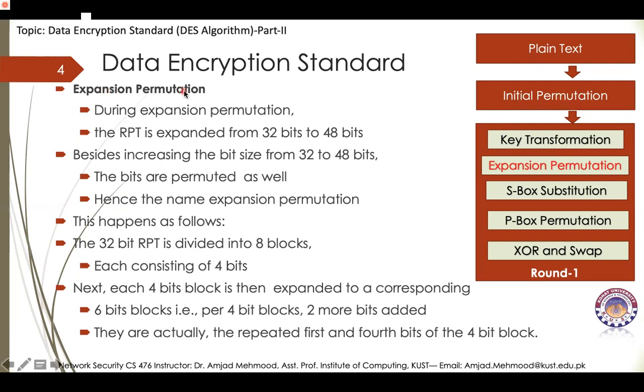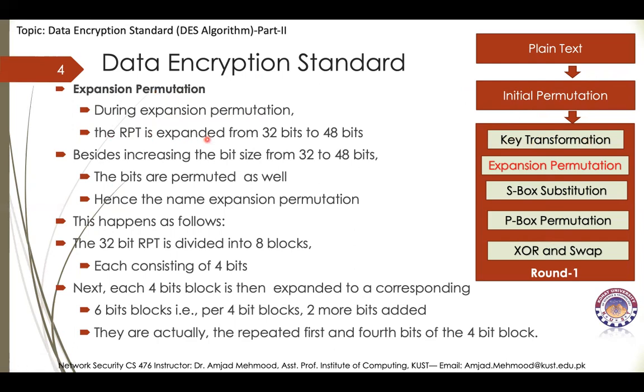So during the expansion permutation, the output of the initial permutation will be passed to round 1. And in the round 1 you have the first operation, that is called key transformation. So during expansion permutation, the right plain text is expanded from 32 bit to 48 bit.